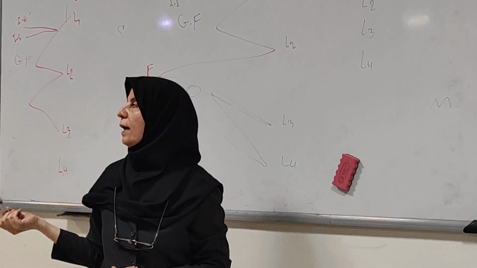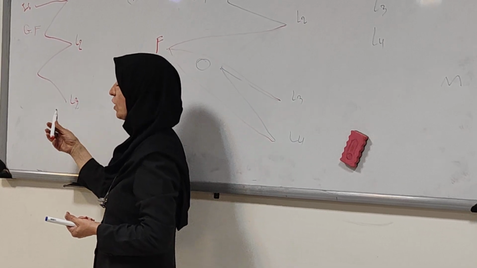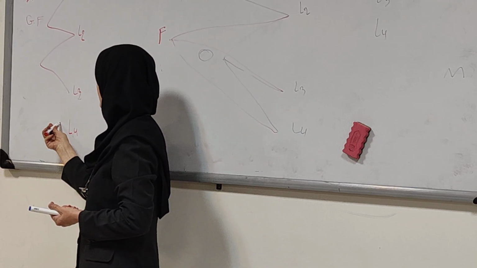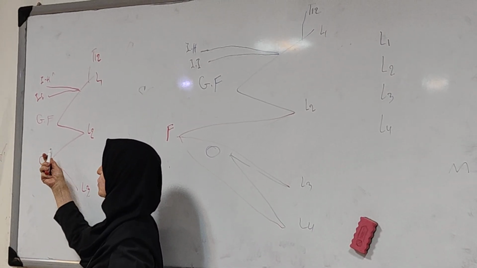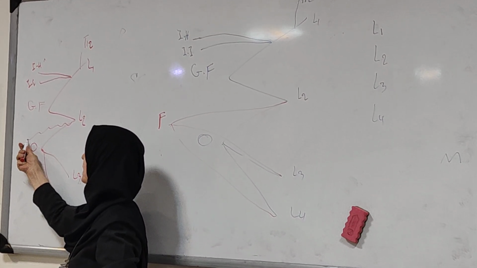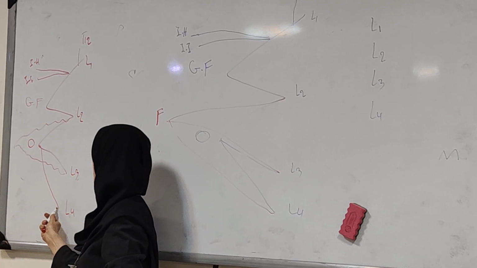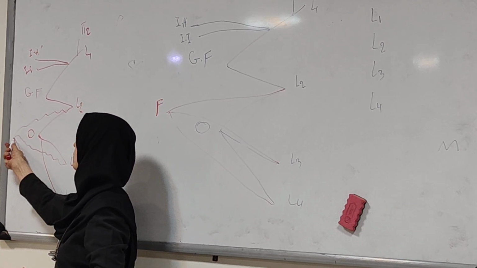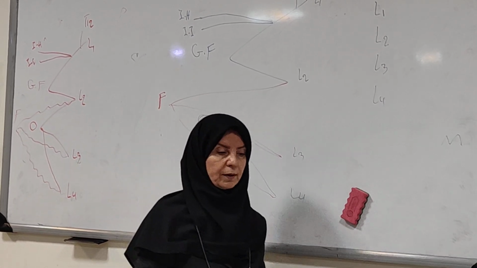L2, L3, L4, each of them divides into two branches. The anterior branches join to each other and make a nerve that we call obturator. The posterior branch from L2, posterior branch from L3, posterior branch from L4 join to each other and make the femoral.